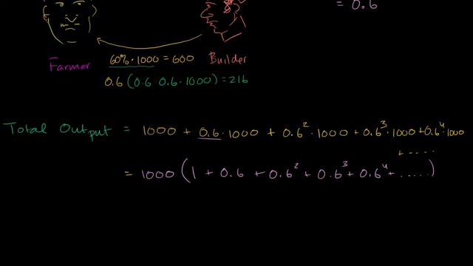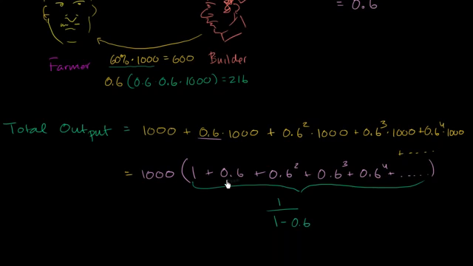And in the next video, maybe I'll prove it just for fun. But this right over here, it's an infinite sum of a geometric series. And this right here simplifies to, I'll do it in the same green color, 1 over 1 minus 0.6.